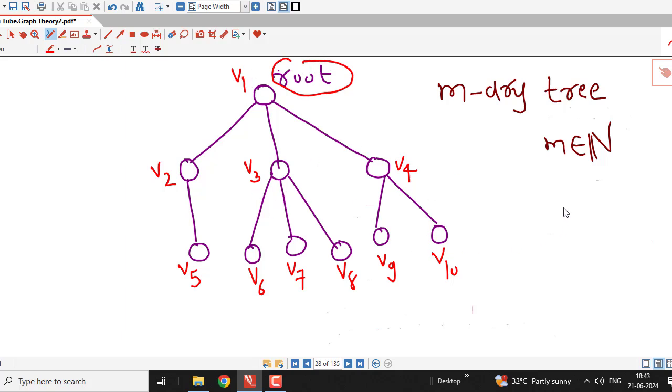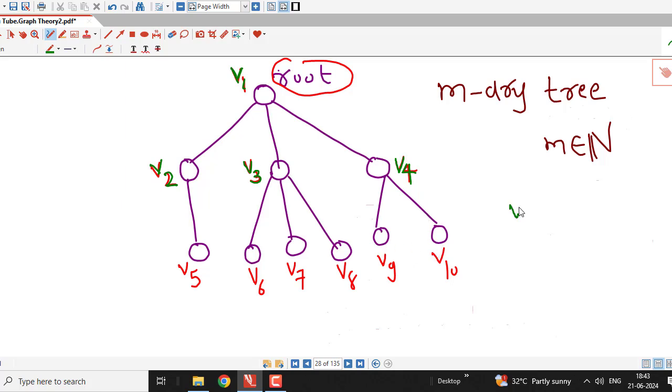Now first we identify the internal vertices of this rooted tree. We know that an internal vertex is a vertex which has at least one child. V1 has three children, V2, V3 and V4, therefore V1 is an internal vertex. Similarly V2 is also an internal vertex because it has a child. V3 is also an internal vertex because it has three children, and V4 is also an internal vertex with two children.